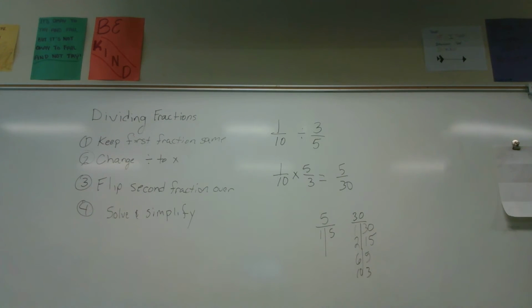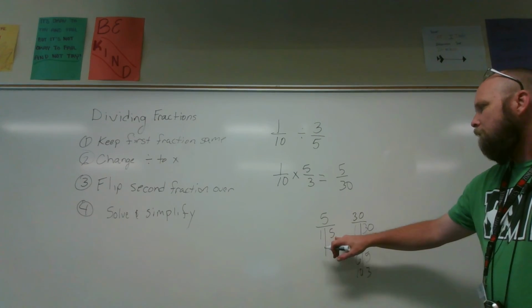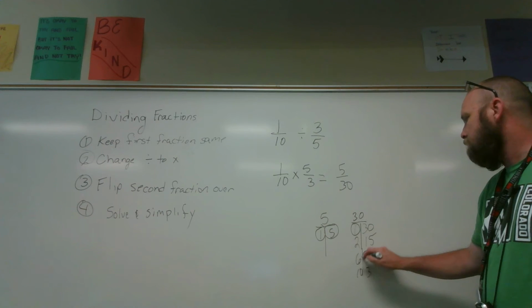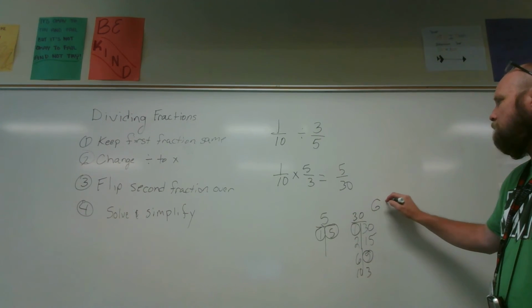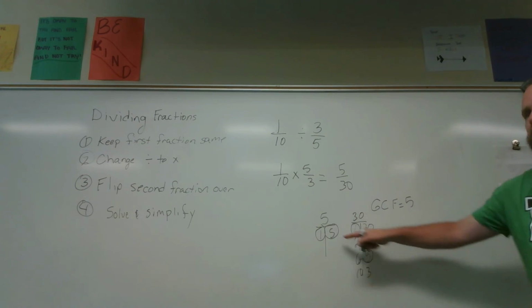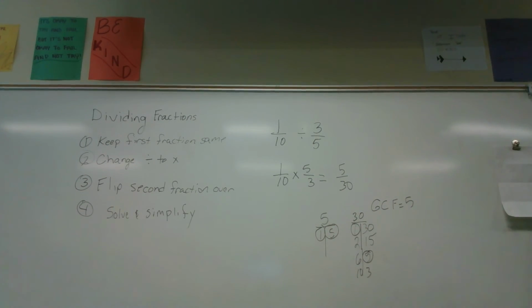They both have a 1 in common. They both have a 5 in common. So what's the biggest number they have in common? 5 is the biggest number they have in common.